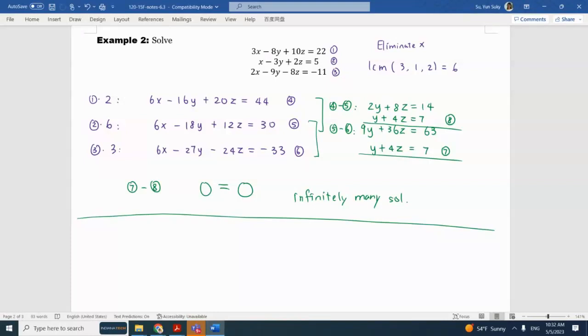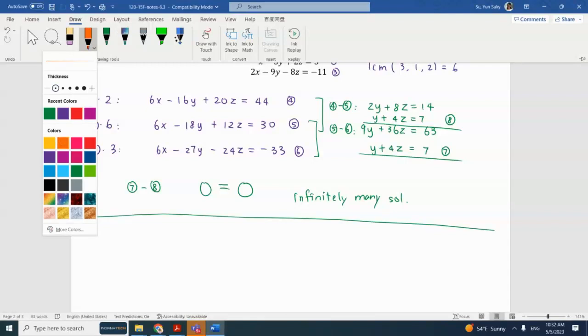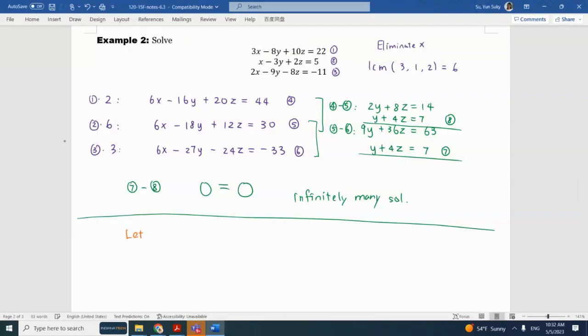So this is outside of the course. Because there are infinitely many solutions, it means there's at least one parameter. So let's say we let z, the last variable, be t. Okay, everybody?